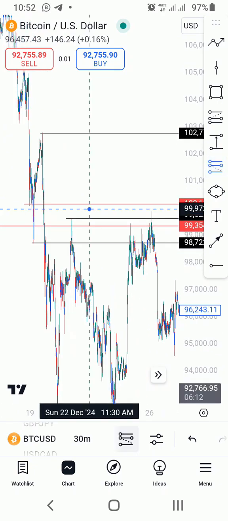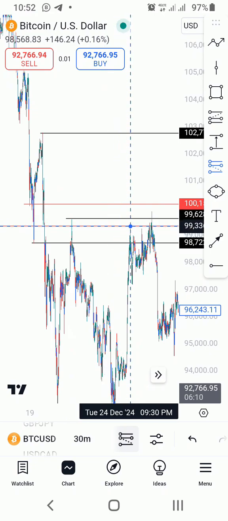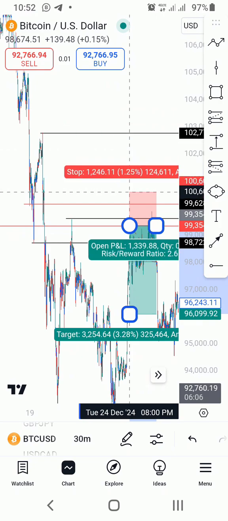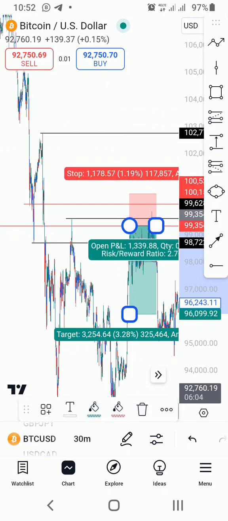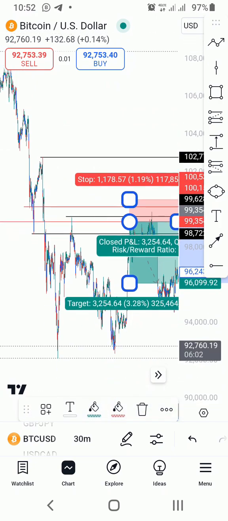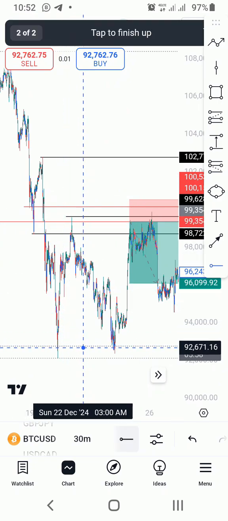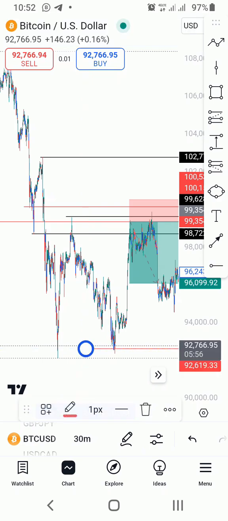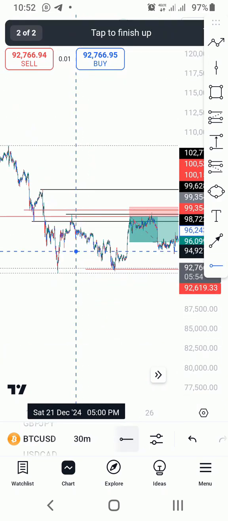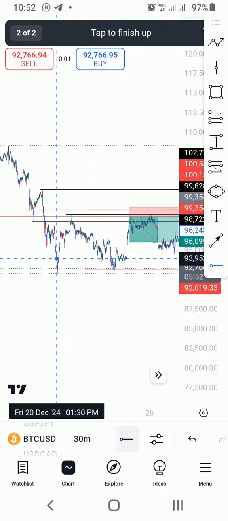From those red lines, you're supposed to enter from those red lines, like, yes, from this one, as I said, our entry is supposed to be above. Target point, these lows. This one, you can target this one. You can also target this one.